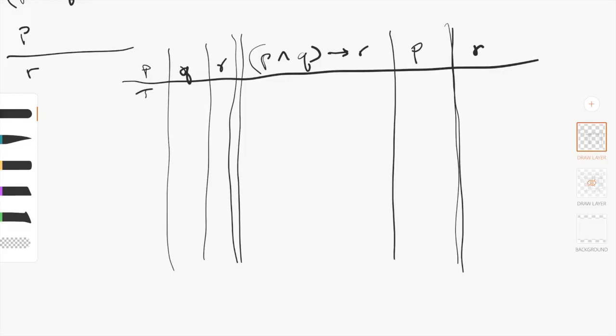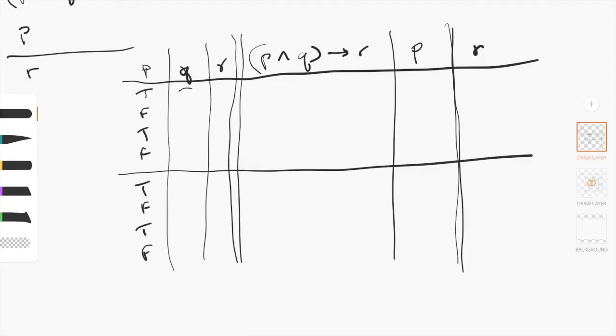So we'll do true, false, true, false, true, false, true, false. And for Q, we'll double the alternating factor, true, true, false, false, true, true, false, false. And now we'll double again, and we'll get 4 trues, and 4 falses.